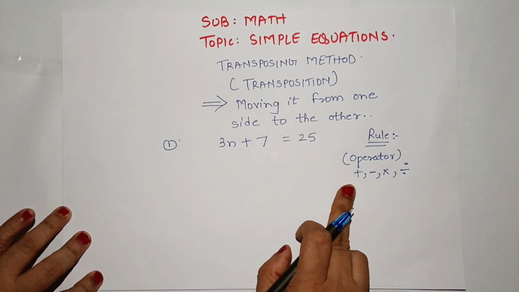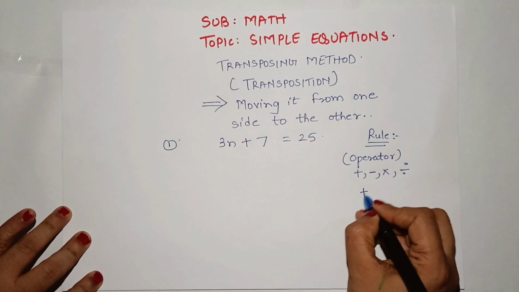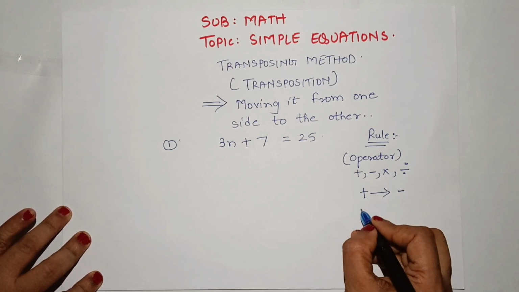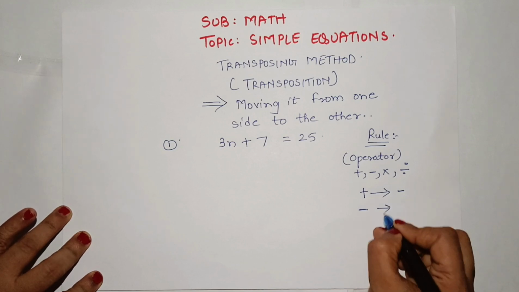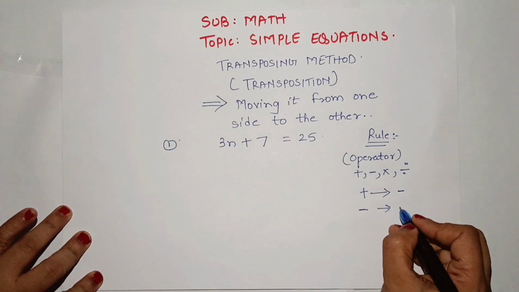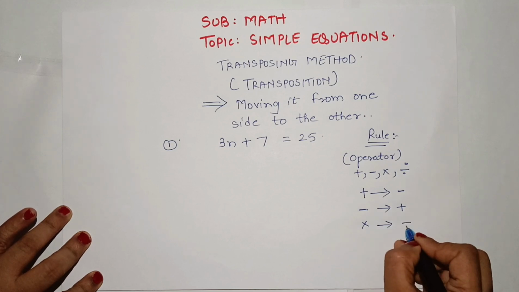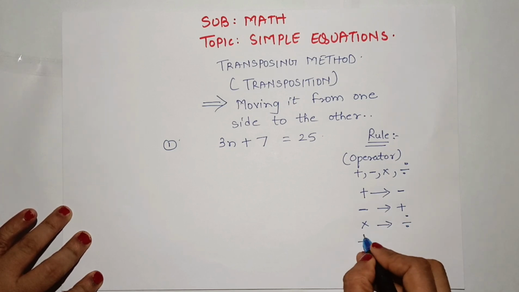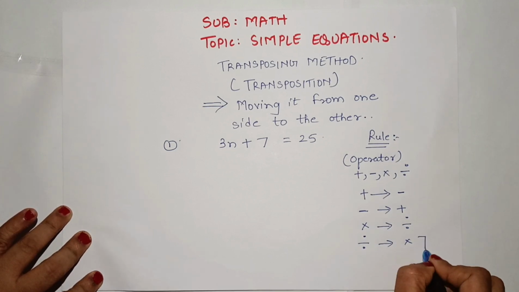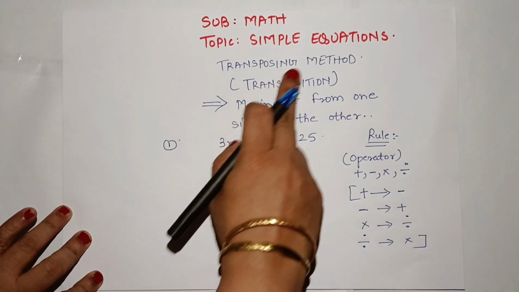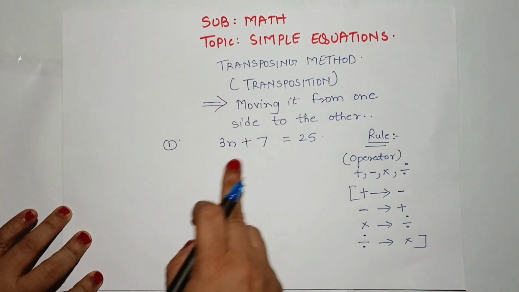Now for example, if in LHS you have plus, when you shift this to RHS, it becomes minus. Minus in LHS, when you shift to the other side, becomes plus. Multiply will become divide, and divide will become multiply. So this is the rule which we have to follow in the transposing method.